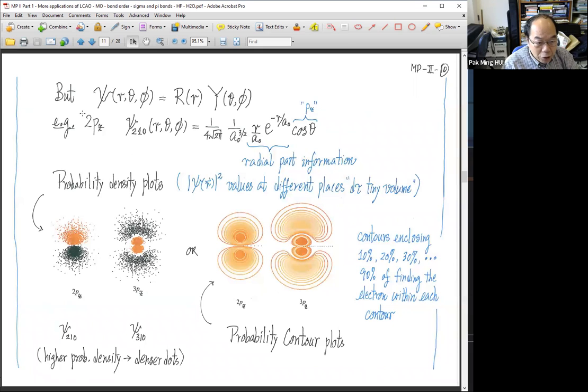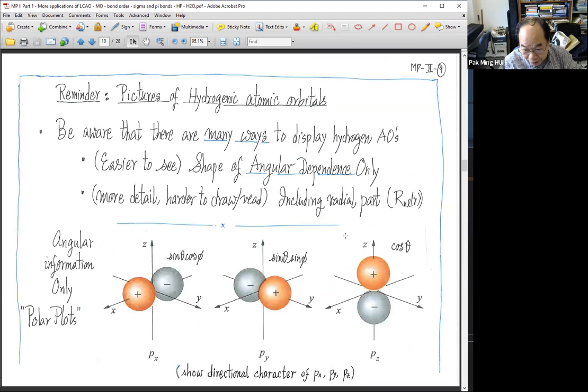So if you have a 2pz, in full term, it is the 210 wave function of hydrogen atom. I look it up, normalization doesn't matter, then you have a radial part. Now, here is the radial information that is missing in the polar plot. And this part is our, like two balls touching, okay? The pz figure, so this thing, okay?